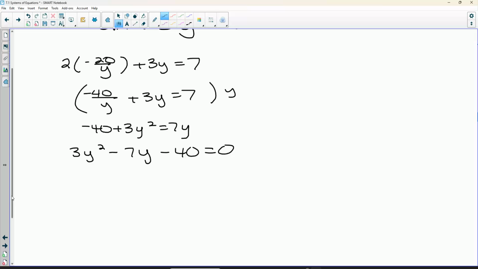So slip and slide. If you multiply your 3 down, then we get y squared minus 7y minus 40. So we need, or sorry, mine's 120. We need things that multiply to a negative 120.